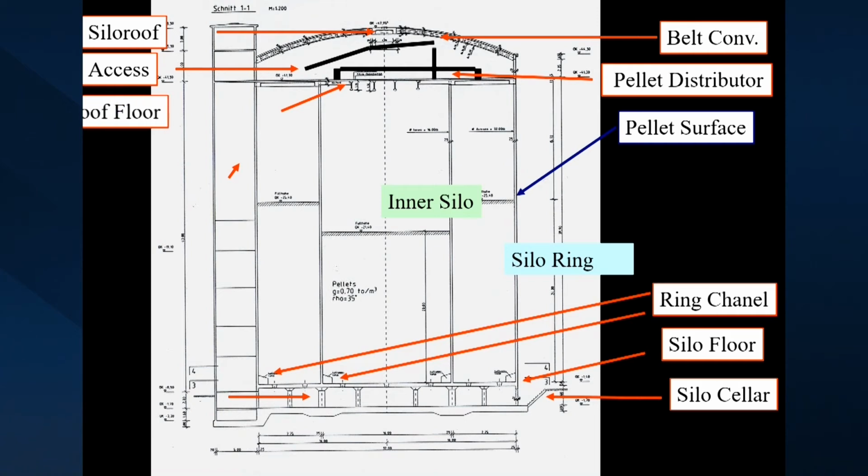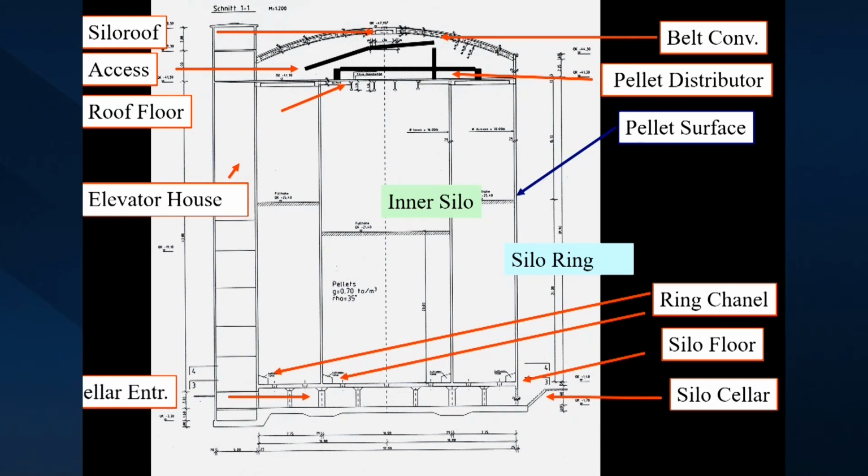No explosion, nothing. It was a fire on the surface, which is normally quite easy to handle, and it could have been handled quite easily. But what the fire brigade and the people decided was to empty the silo.